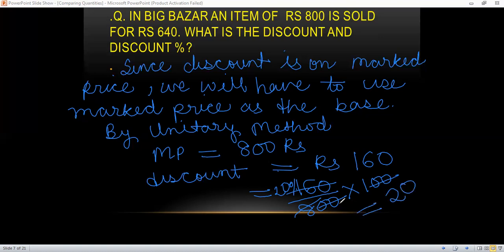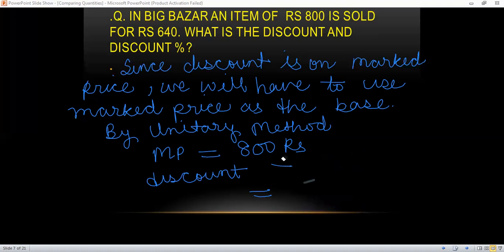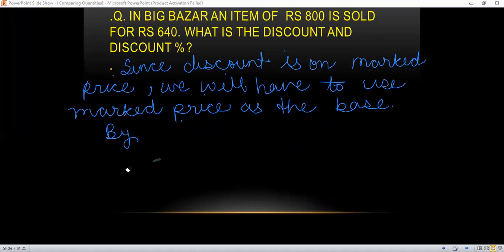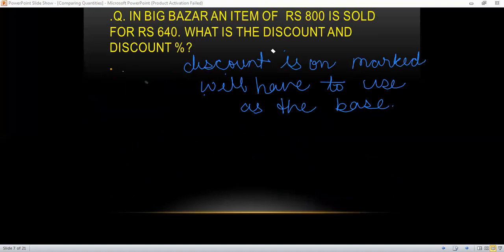By the fraction method also you can easily find the percent. Now let's see how we can solve it by using the fraction method.